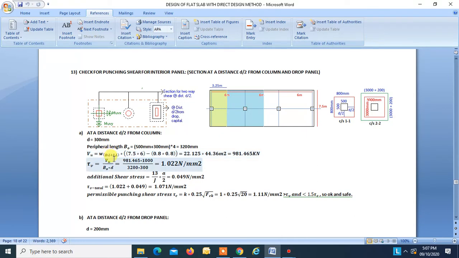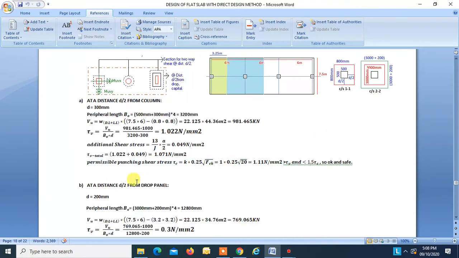So tau V is equal to Vu by bo into effective depth, which is 300. That is found to be 1.022. Now we have to add the additional shear stress which we got due to transfer of torsion to shear stress. That was found to be 0.049. So we add this, which gives 1.071. The permissible punching shear stress is found to be 1.1, which is greater than this, so it is safe in this section.